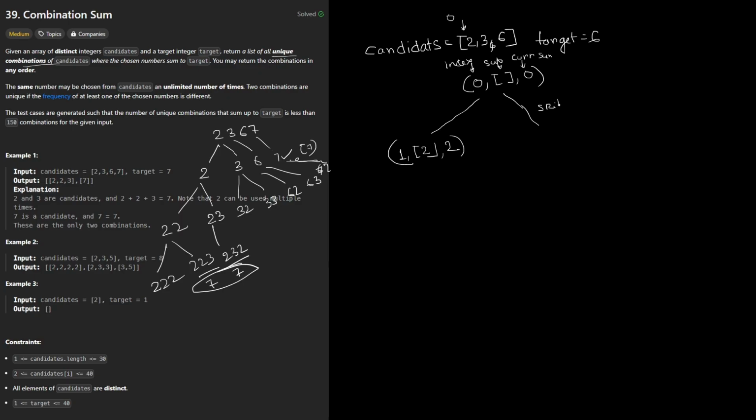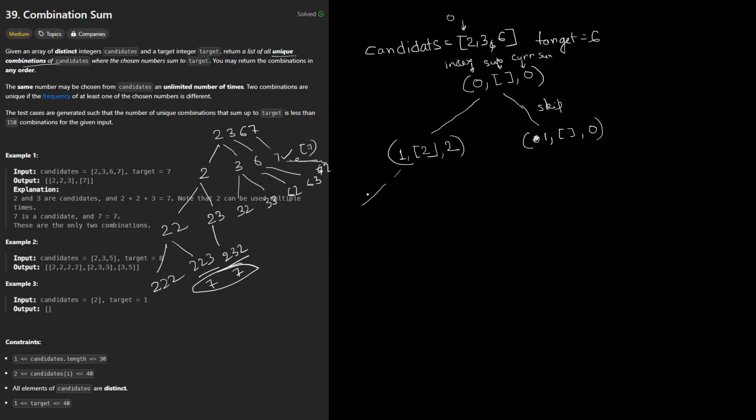Skip basically means I am not adding any value here. So for the current index, I'm just skipping it, meaning I'm going to index 1. Our subarray is becoming empty and our sum is remaining 0. Now from here, I again have two options.